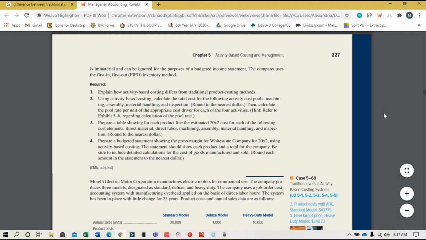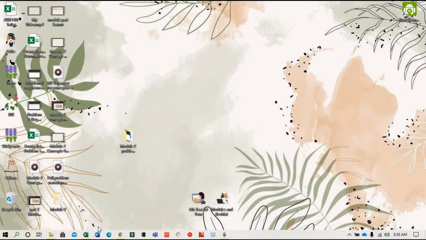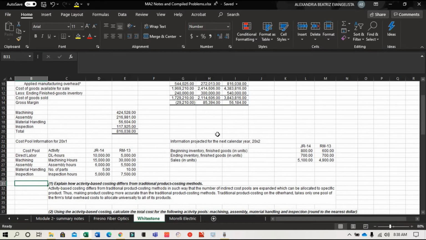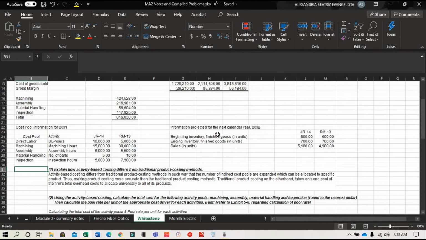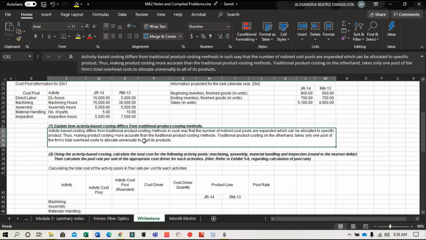So let's try to solve this one in Excel. So for number 1, I have already laid out all of the information needed. So I'm just going to show you how to calculate the numbers. Again, for question number 1, explain how activity-based costing differs from the traditional product costing methods.